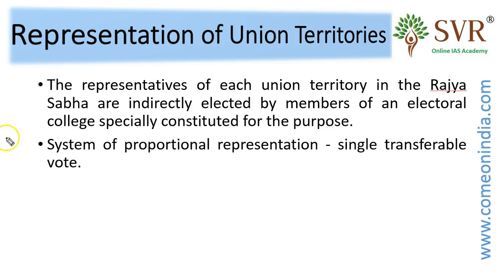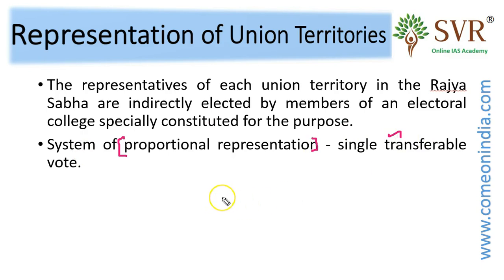Next, we learn how the representatives of Union Territories are selected. For selecting the representative of a Union Territory, they formulate an electoral college. The members of this electoral college select the representative of the Union Territory by an indirect election method. Here also they adopt a system of proportional representation by means of a single transferable vote.